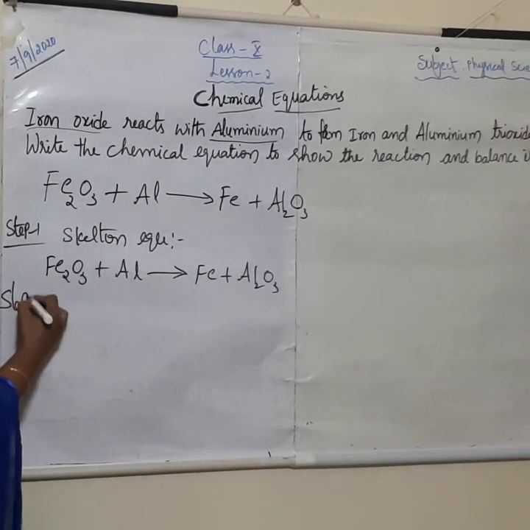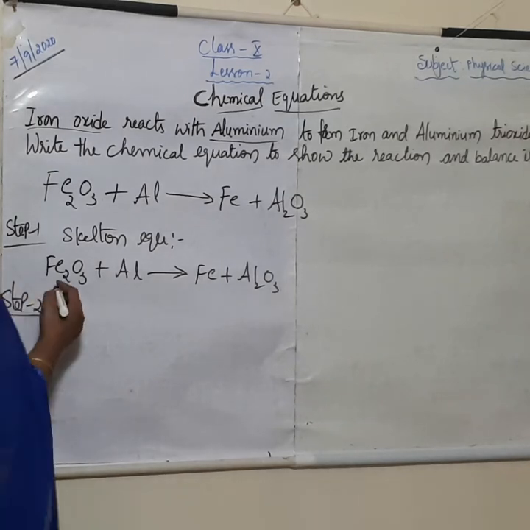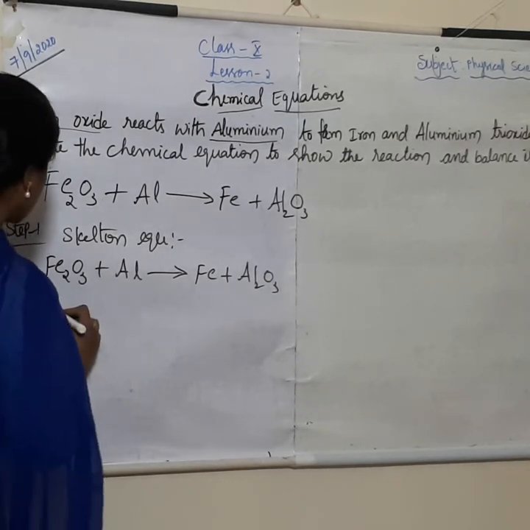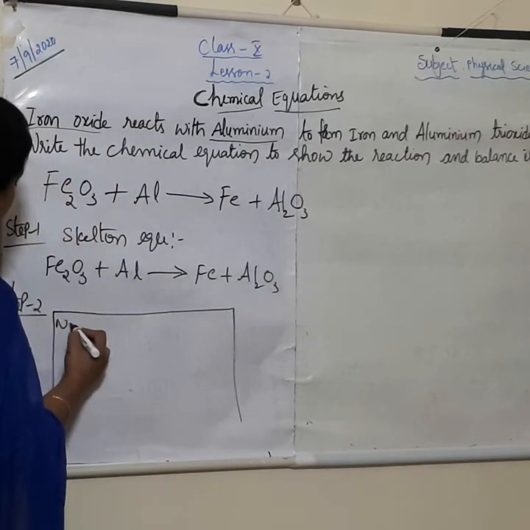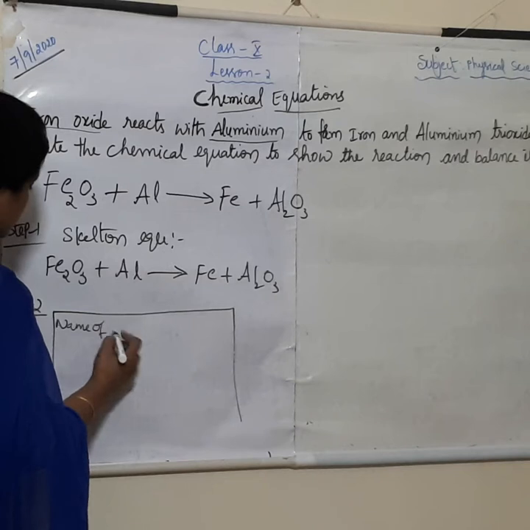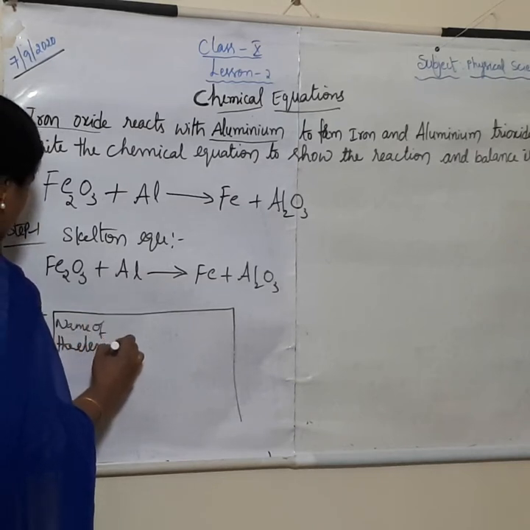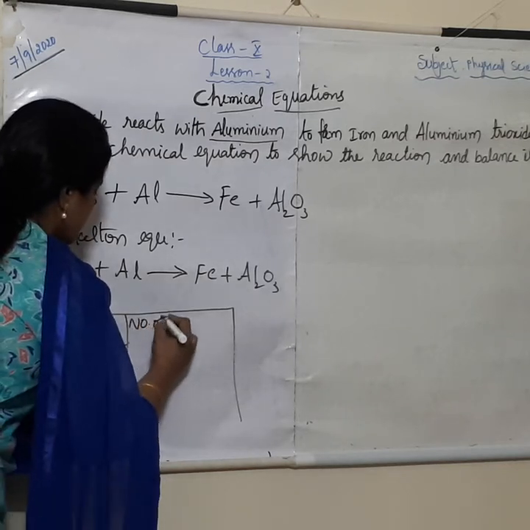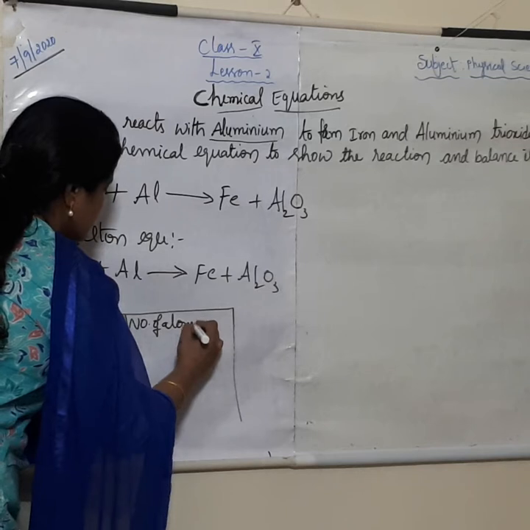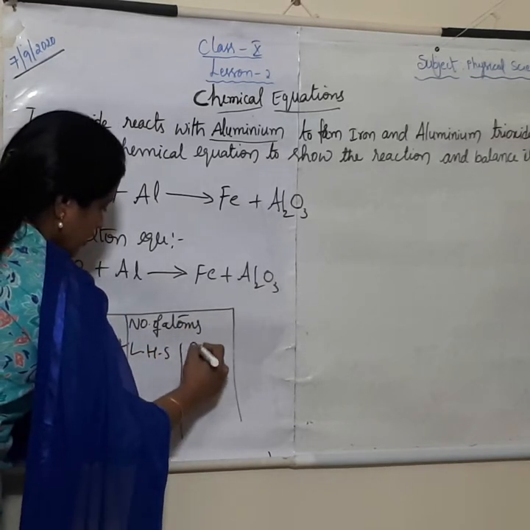Now step 2. In step 2, we must write the table: name of the element, number of atoms on LHS and RHS.